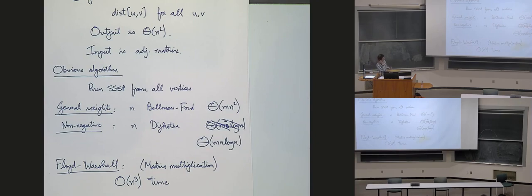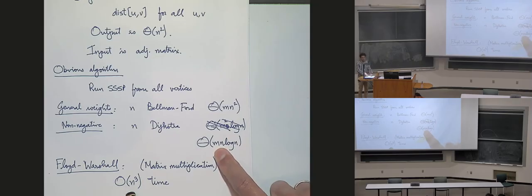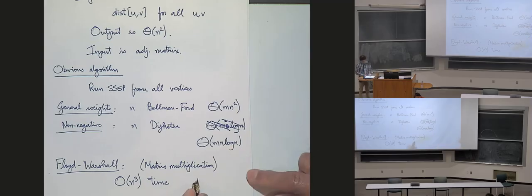And so the thing to note here is that if m is linear, if m is like n, then you might as well just do n Dijkstras. But m could be as large as n squared.